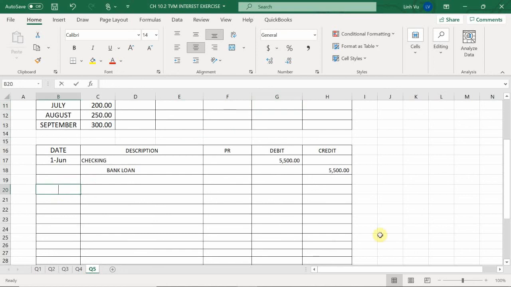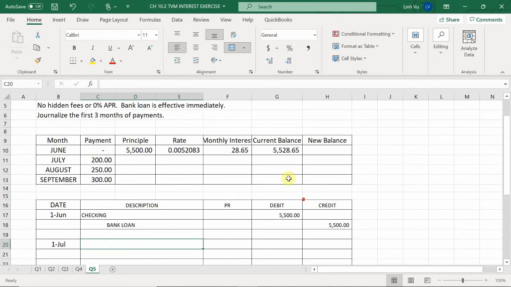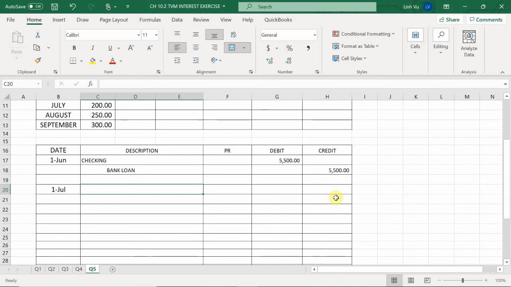On July 1st, if we decide to make a $200 payment and our current outstanding balance right now is $5,528.65, the first rule of thumb is that you're always going to be making a payment to your principal, to your bank loan, but you're always going to pay the interest first. So in this case, you're going to have what's called interest expense. And of course, you're going to pay using a checking account.